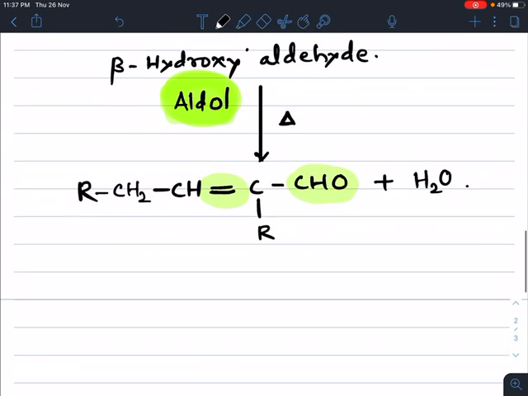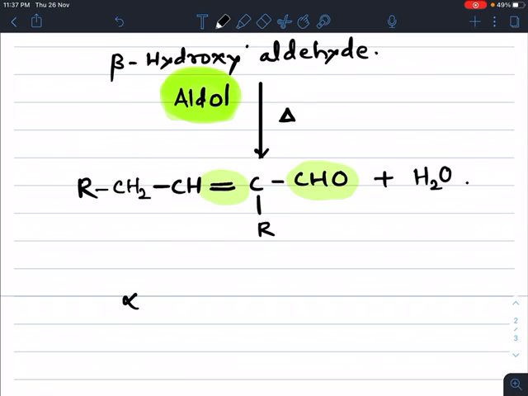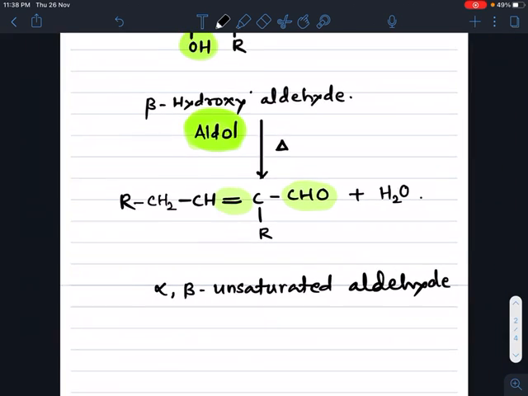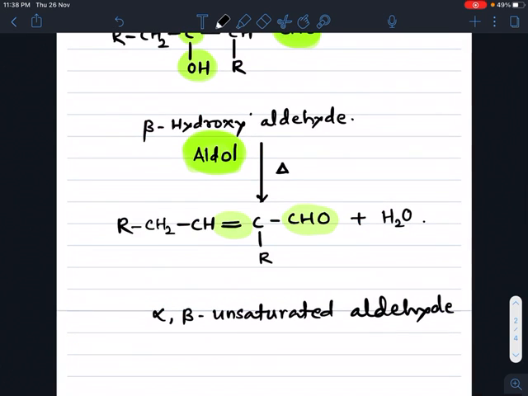Generally this compound is called alpha beta unsaturated aldehyde. So this is the general example of aldol condensation.